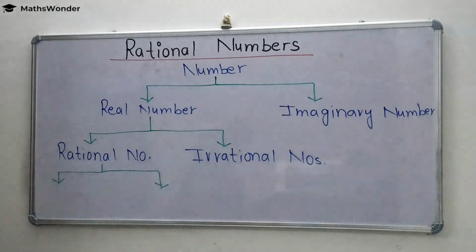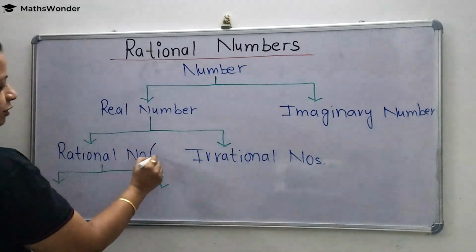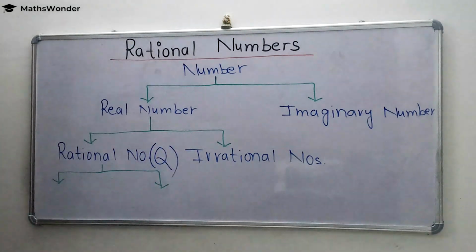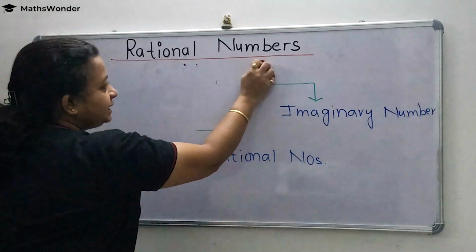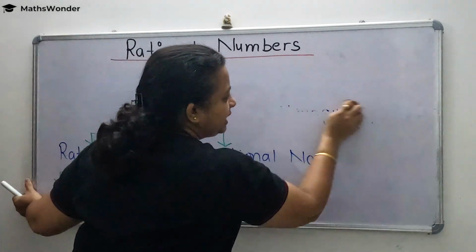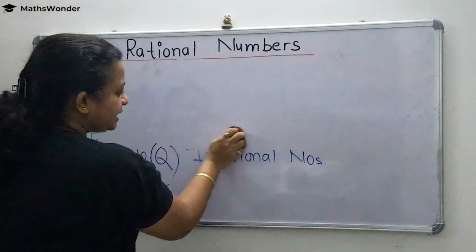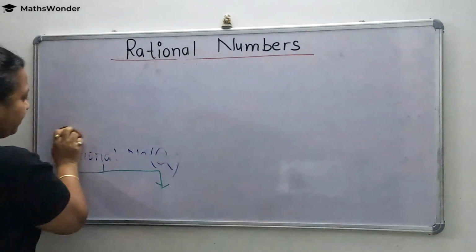Is it like A and B? No, it's not A and B. Rational number is always represented by capital Q. Why? Because in further topics we will not write the rational number everywhere. We will represent it by the capital Q.